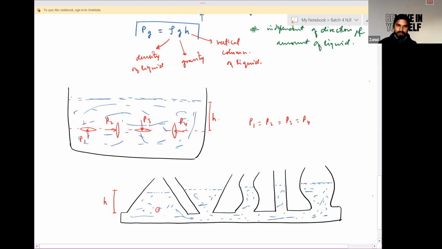So if you calculate pressure at this end, P1 equals P2, P3, P4, and P5. It means it will be independent of the amount of liquid present in that container. It just depends upon the vertical column of liquid placed over that particular point.